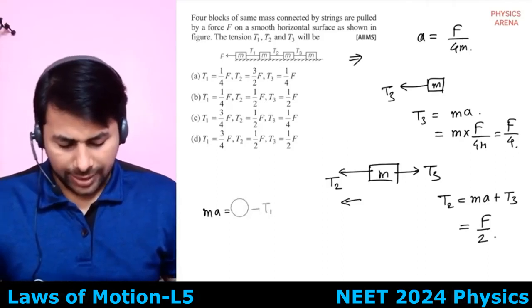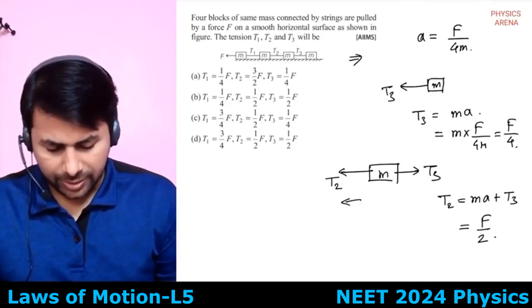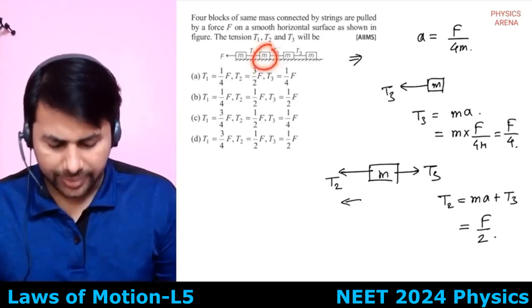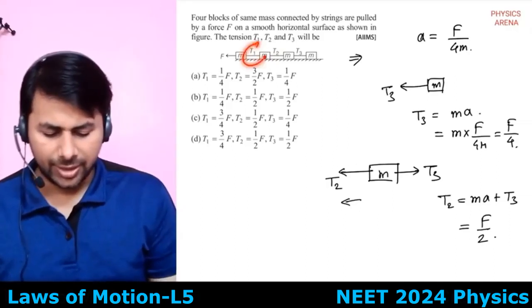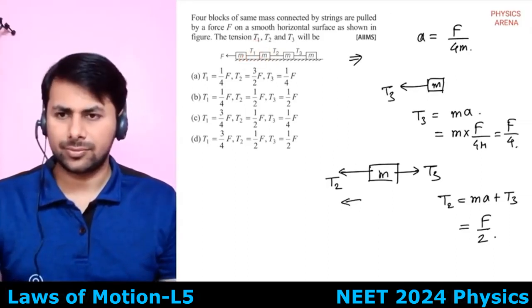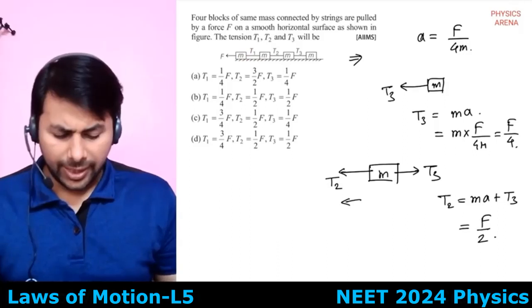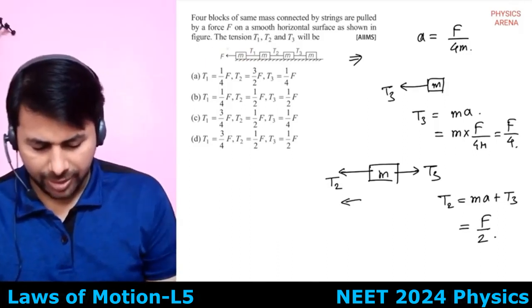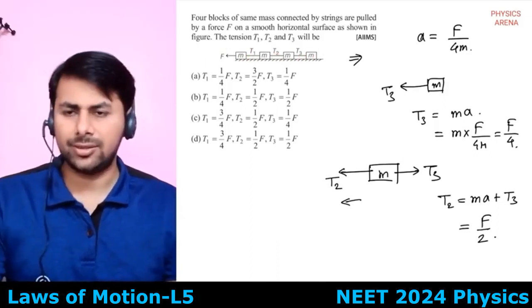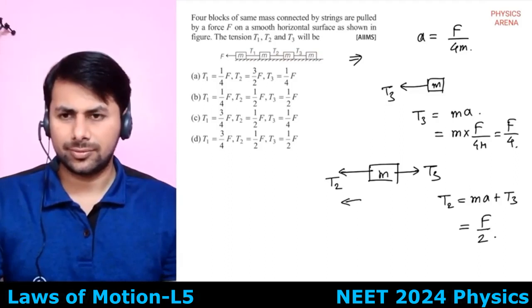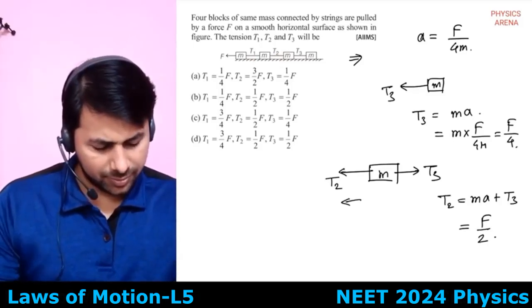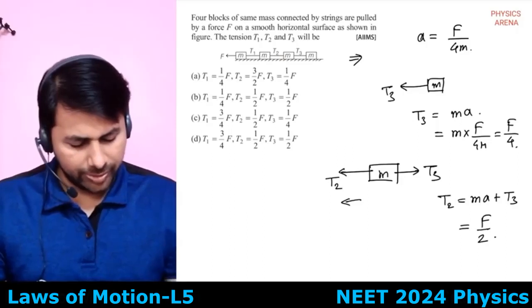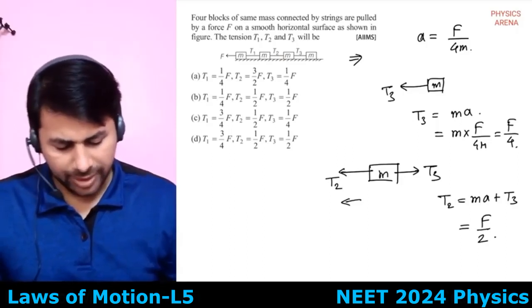Actually, if you want to find T1, you can consider this one, and since you know T2, using the same thing you can find T1 also. Or I can just say that F will be equal to T1 plus T2 plus T3. Can I say that? Yes, no?